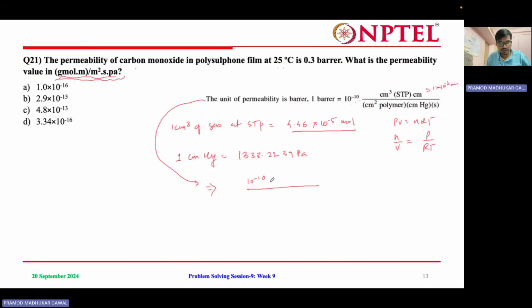So it is 10 to the power minus 10 times 4.46 times 10 to the power minus 5 mole, times centimeter converted into meters, and centimeter Hg equal to 133.2239, and centimeter square converted into meter square, 1 times 10 to the power minus 4.